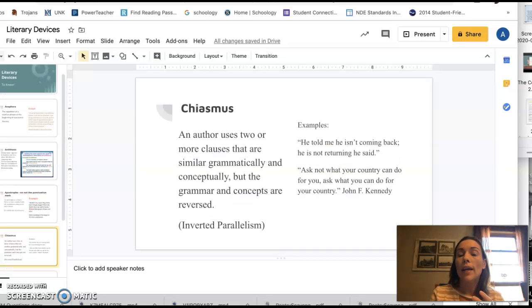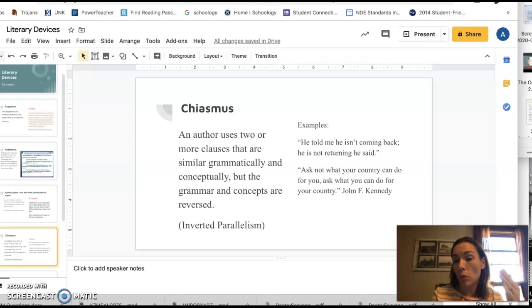And then I have chiasmus. Chiasmus is a device I have not worked with a lot, I will be very honest, but it's kind of like inverted parallelism. I use two or more clauses that are similar in their grammatical structure and in their concept, but the grammar and concepts are reversed. So: he told me he isn't coming back. He's not returning, he said.